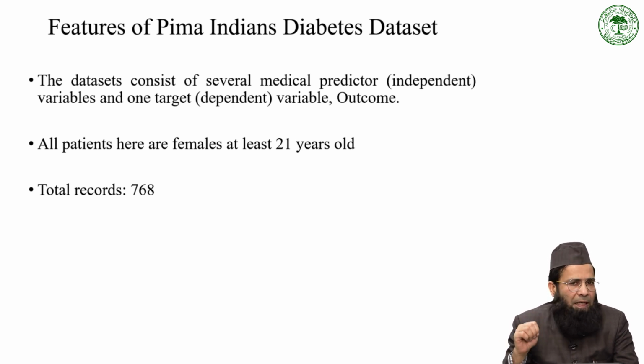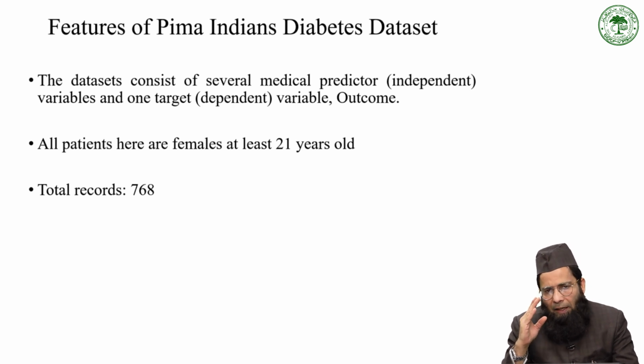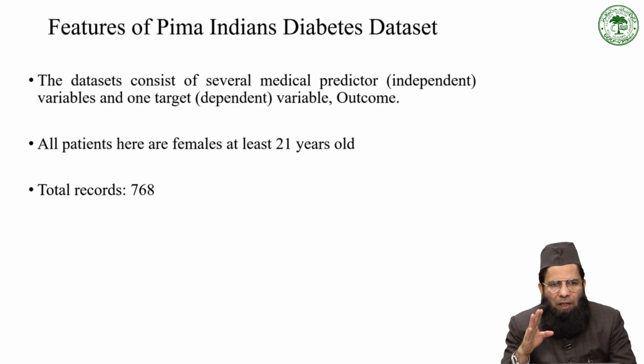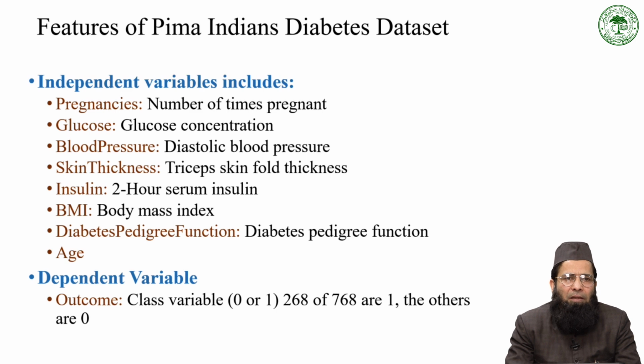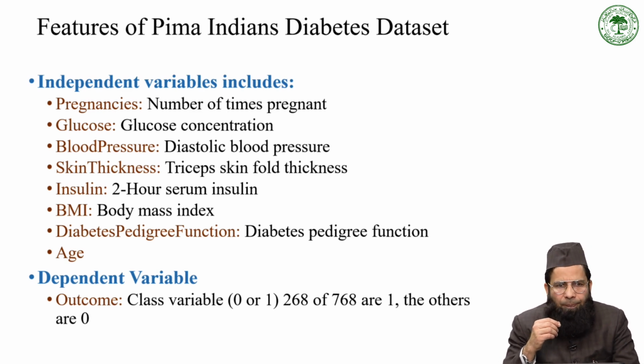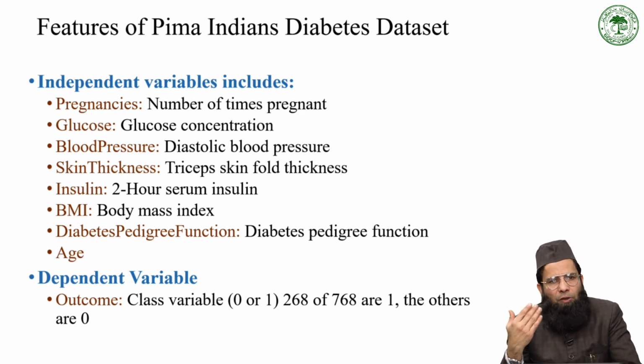All patients here are females and at least 21 years old. We would visualize these details as well. And there are 768 records in this dataset. So these are the independent variables like pregnancies, glucose. Pregnancies is the number of times pregnant.